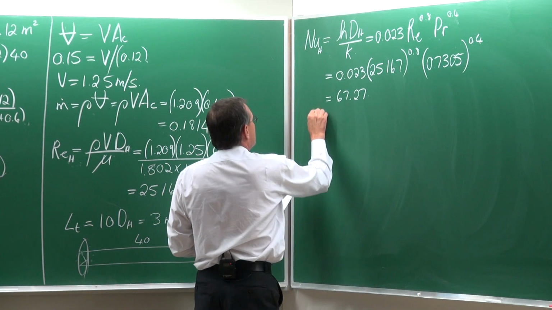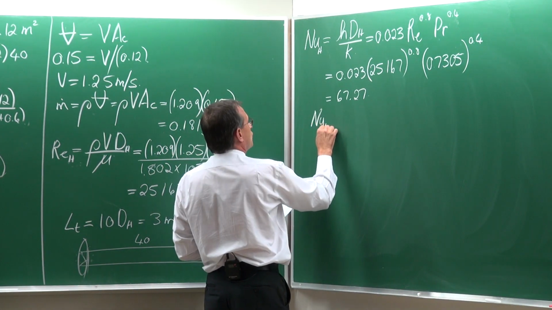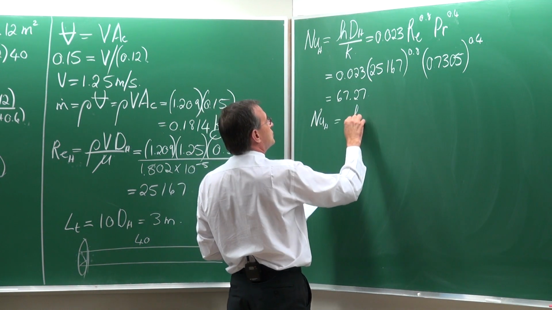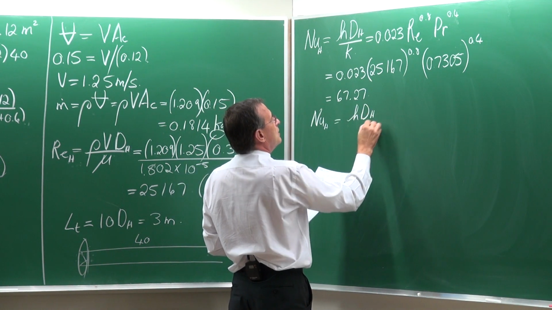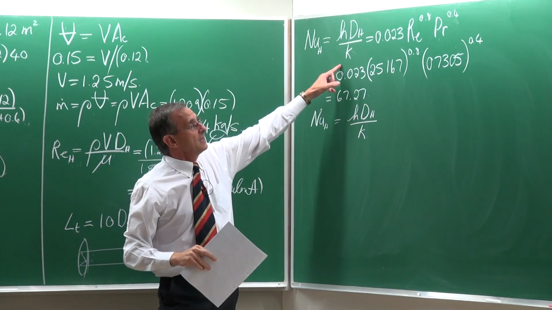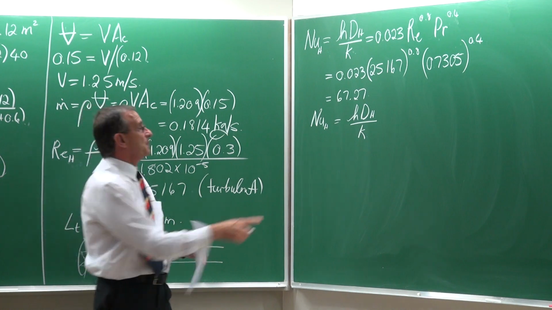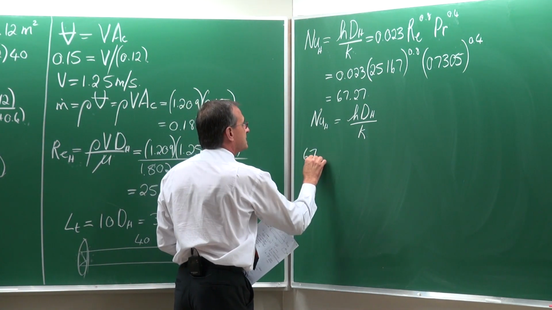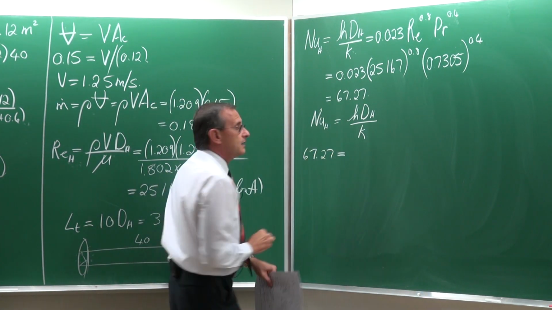But the Nusselt number, based on the hydraulic diameter, is equal to the heat transfer coefficient multiplied by the hydraulic diameter divided by K, as we've already written it there. We've got the Nusselt number now. It is 67.27.